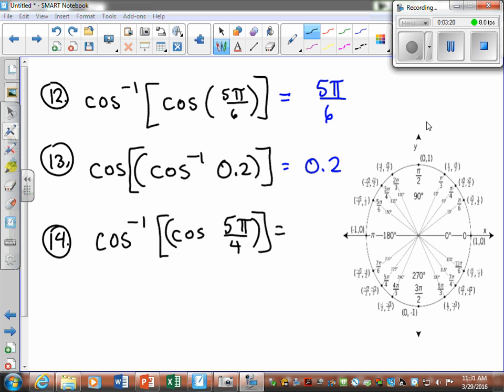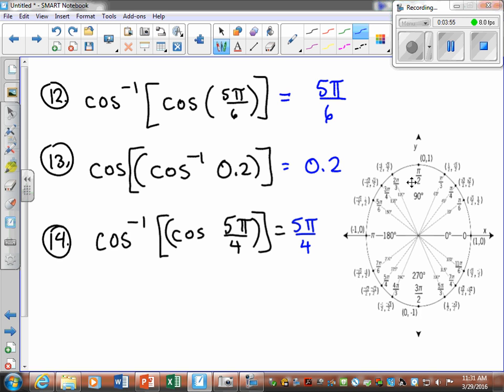Okay, so now we have cosine inverse of cosine of 5 pi over 4. Where it says it equals the x value, which would be 5 pi over 4, but that's only if 5 pi over 4 is in our top region, right? Remember, from 0 to pi, that's where it's defined. Now, is 5 pi over 4 up here? No, it's down here. What is the cosine value for 5 pi over 4? Negative square root of 2 over 2.